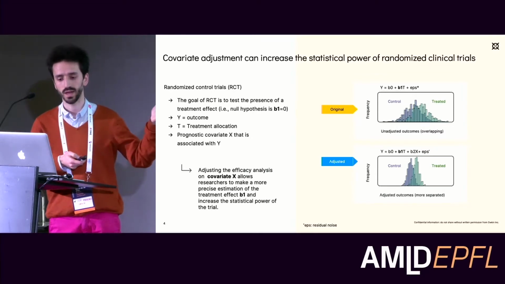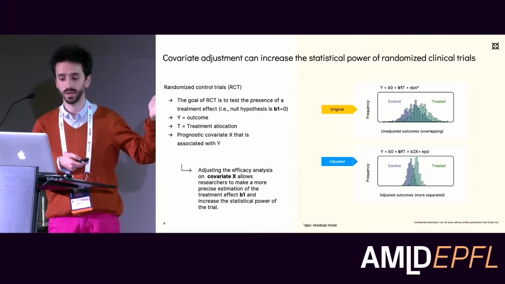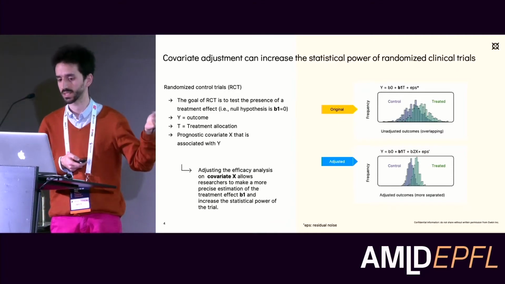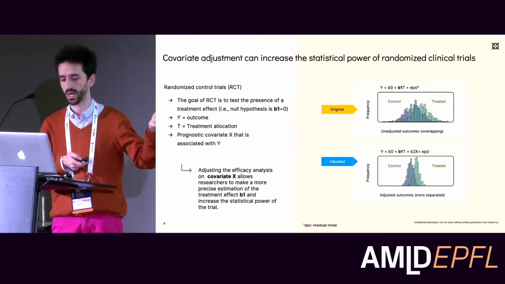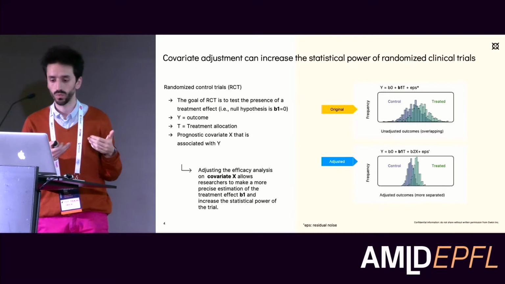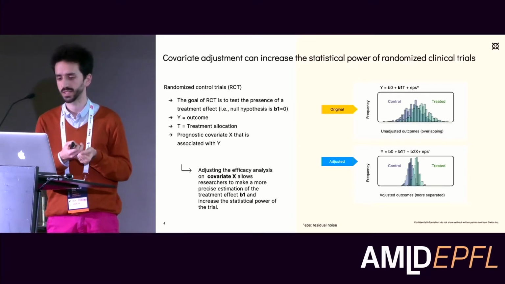And then you can have some information about your patients. Here we'll say that we have a prognostic covariate X, a covariate X that is associated with the outcome Y. So how can we take into account this prognostic covariate X?